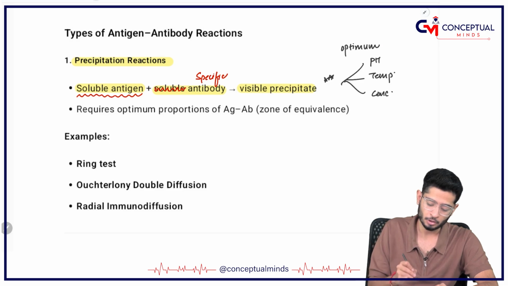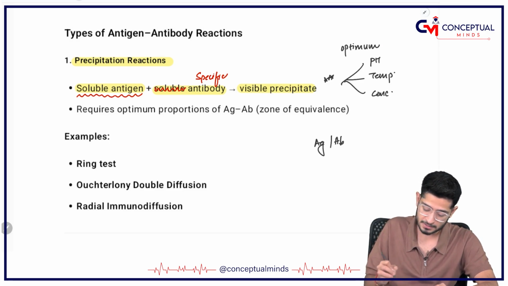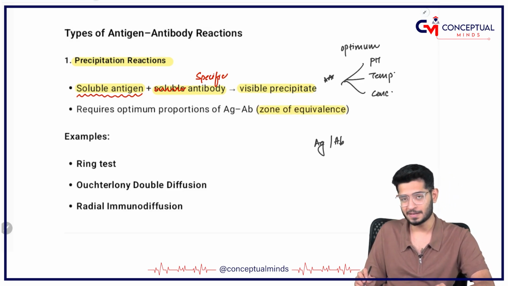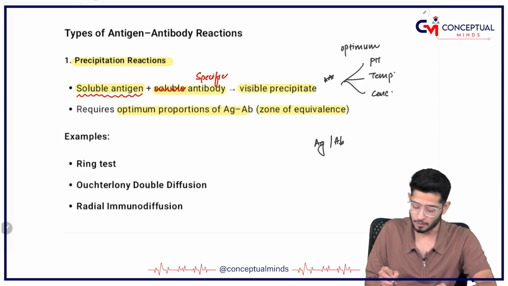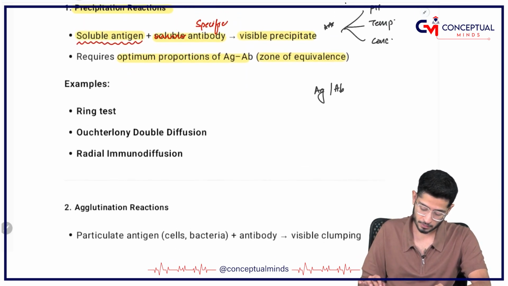And whenever we talk about the concentration of antigen and antibody, there is a term which is used, called zone of equivalence, that is the optimum proportion of antigen and antibody. Right. So what is going to happen?